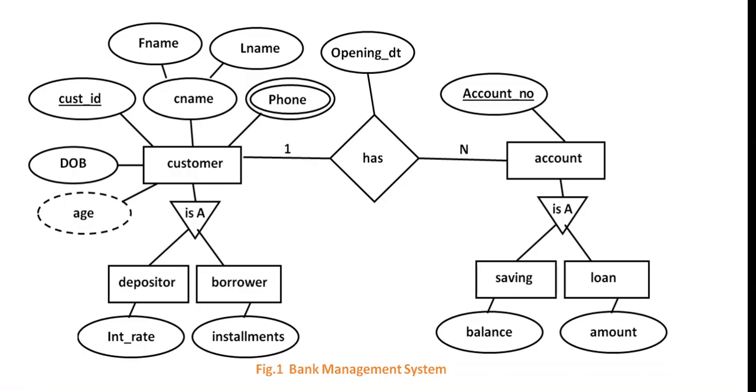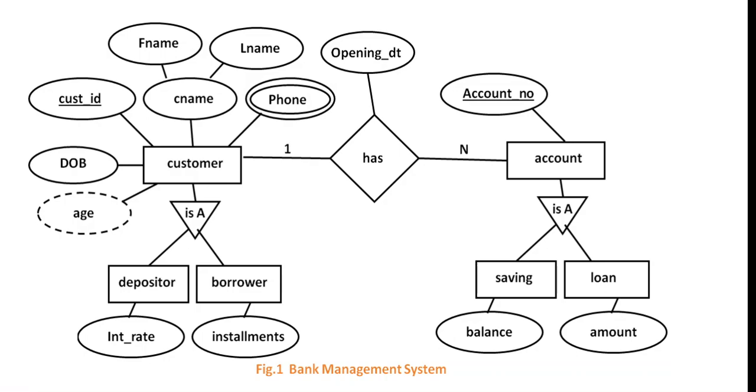Similarly, if you look at the account entity, account has account number. It is a common attribute, but it can be subdivided. It can be specialized into two types of entities, that is, account can be a saving account or a loan account. When we talk about saving account, it has attribute balance. And when we talk about loan entity, it has attribute loan amount.